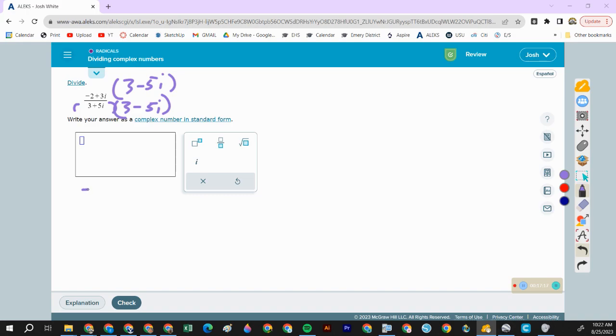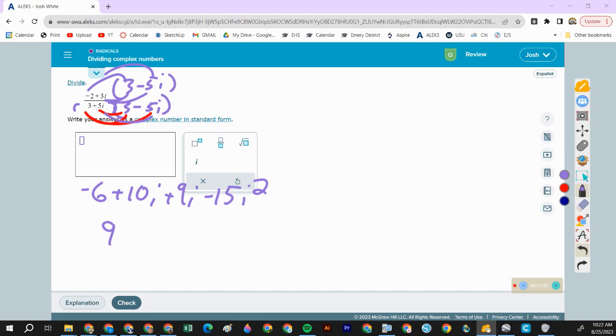The top is going to give me negative 6 plus 10i plus 9i minus 15i squared. And the bottom is going to give me 9. And then this one and this one are going to cancel every single time. So I'm going to skip them. If you write them down, all you're going to do is cross them off.